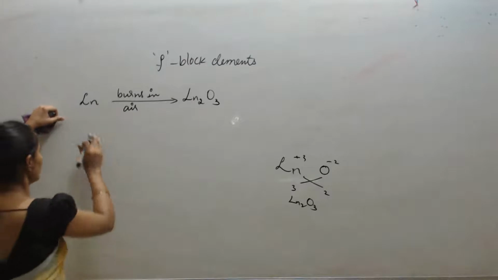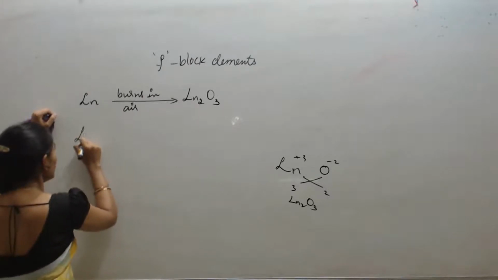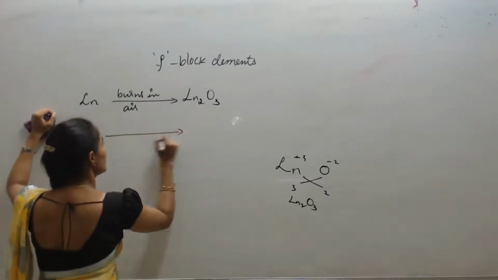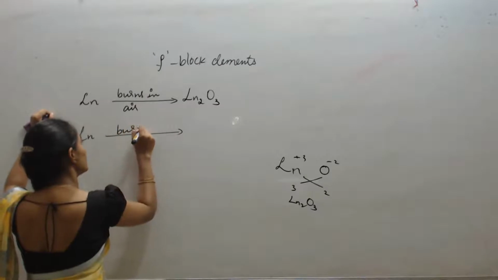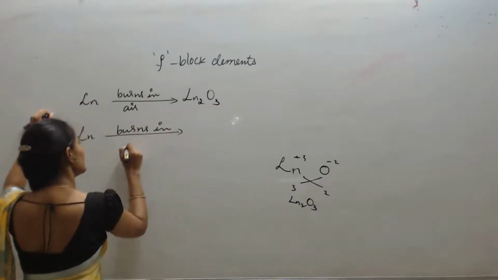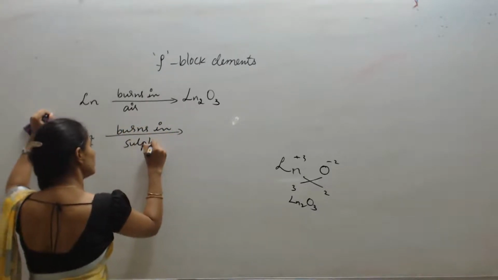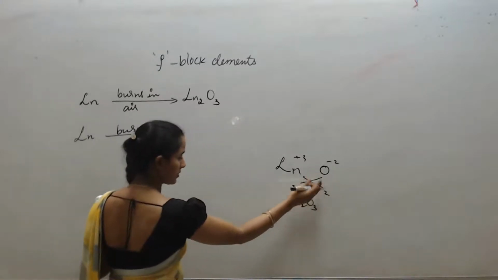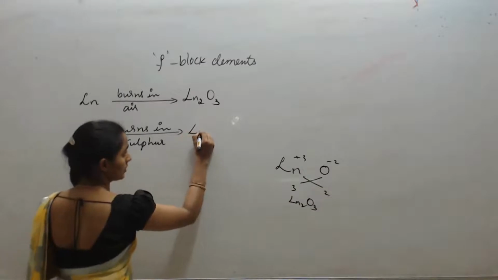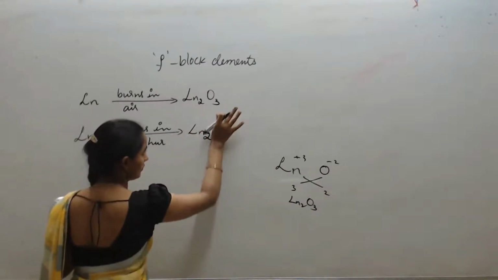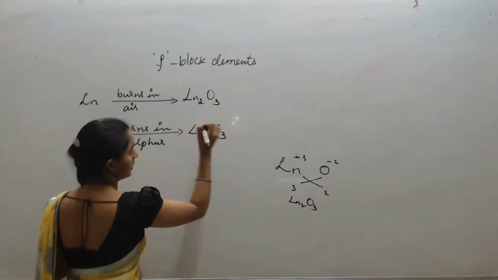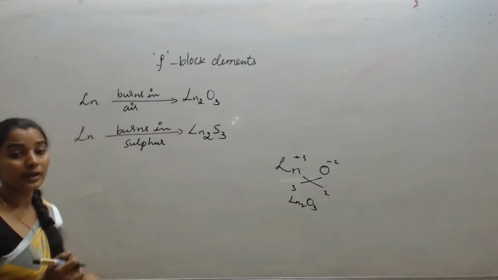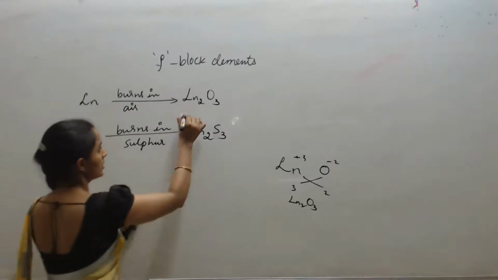This is the first one. Next, when lanthanum reacts in the presence of sulfur, again the same thing, instead of oxygen it will be sulfur here, then they form Ln2S3, lanthanum sulfides.